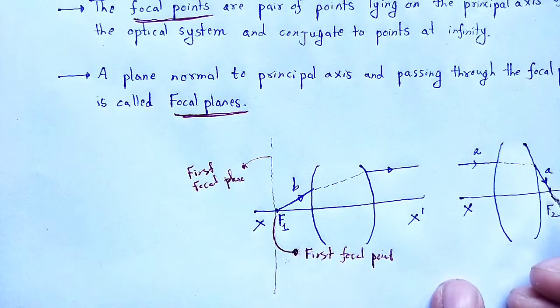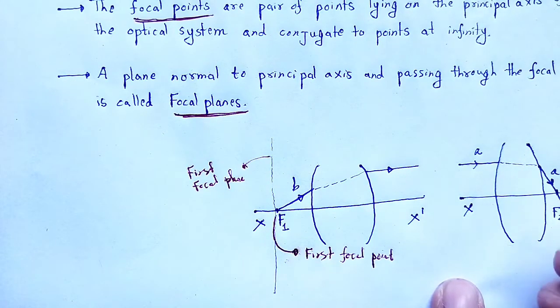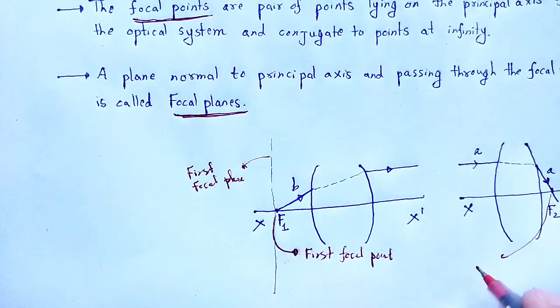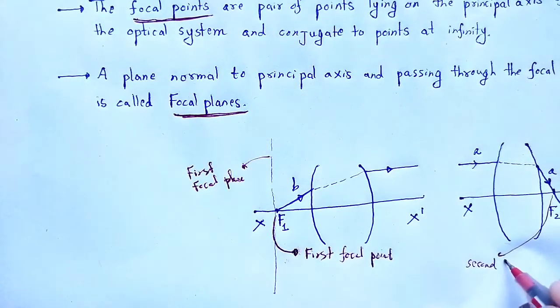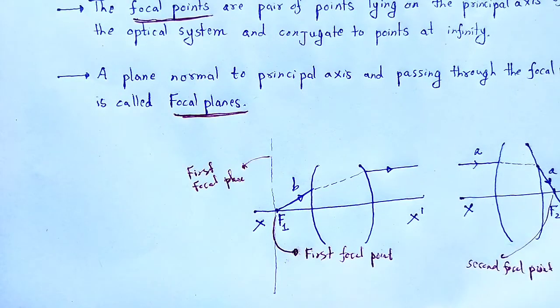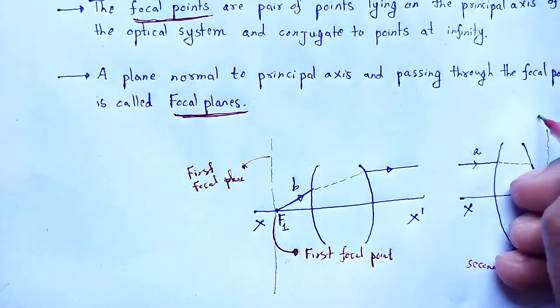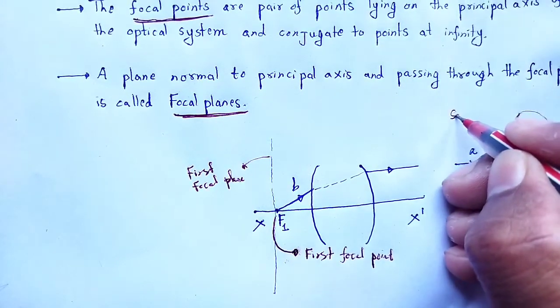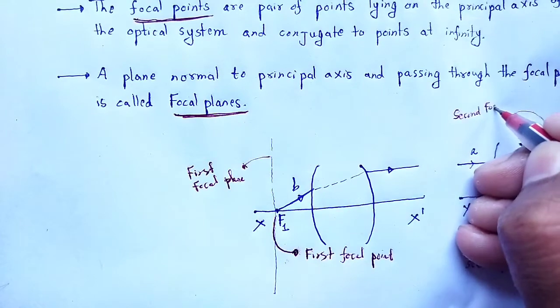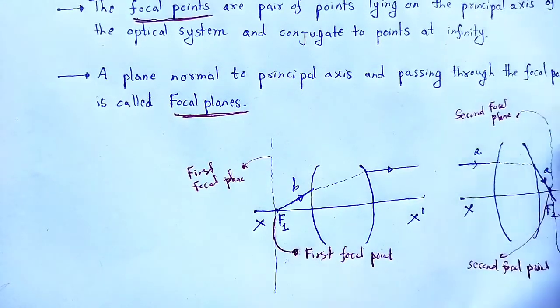That point F2 is known as the second focal point, and the plane passing through the second focal point is named as the second focal plane.